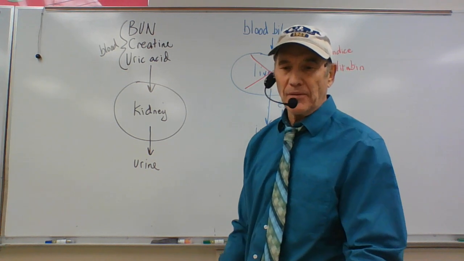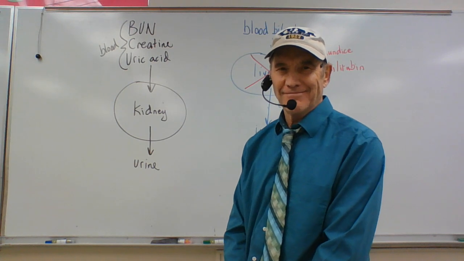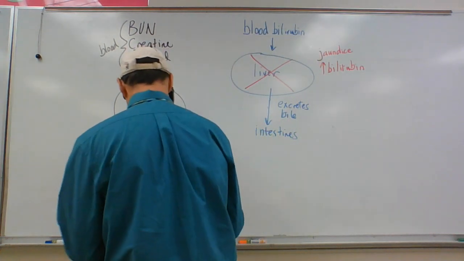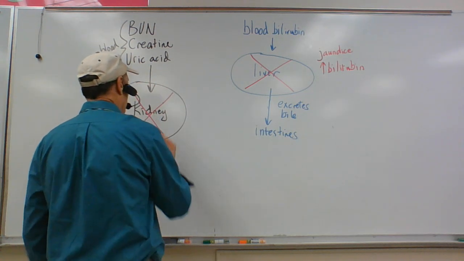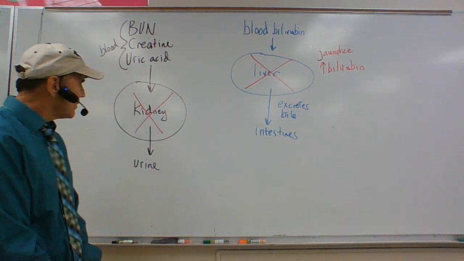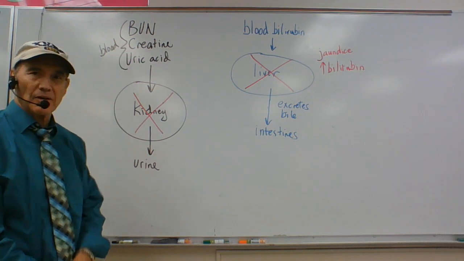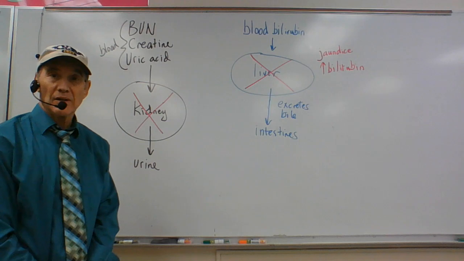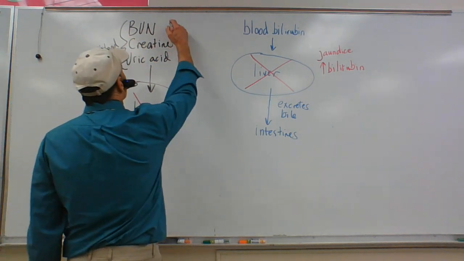So let's have kidney failure. Got kidney failure, shoot. So is the kidney now taking all of that out of the blood and excreting in the urine? Well, some, but not all of it, not enough. And so these things end up building up in the blood.